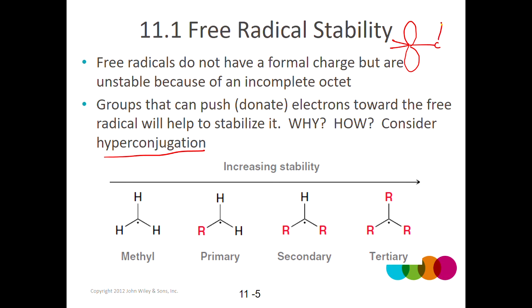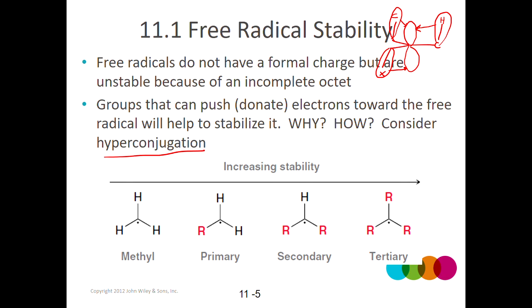rotating into the same plane. Could be a hydrogen, could be a carbon, whatever that element is. If its sigma bond rotates into the same plane as the p orbital, then those sigma bonds can share a little bit of electron density in with the p orbital, and that helps to stabilize that p orbital, right?